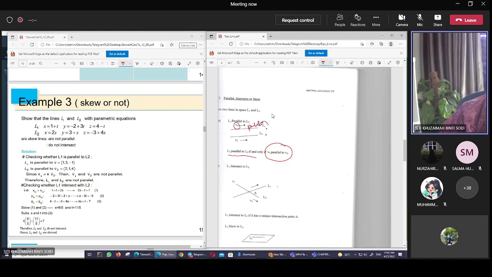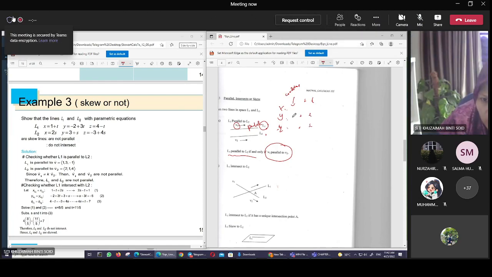Okay, because we know that this line equation, we will be given something like this kind of equation. Okay, as what we know, equation of line.